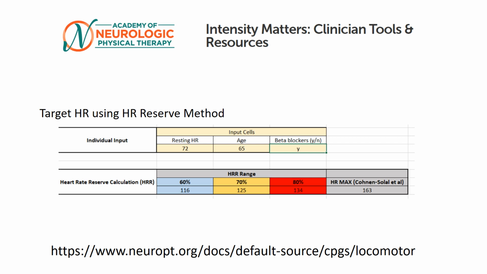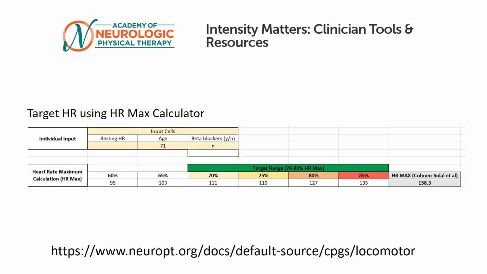So you would want to have your patient lay supine for about 5 minutes, get that resting heart rate. The Intensity Matters website has Excel sheets that you can download. Input your patient's information in terms of resting heart rate, age, beta blocker status, and then it will give you this range of 60 to 80% for heart rate reserve and an age estimated max.